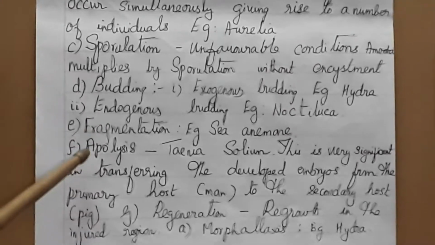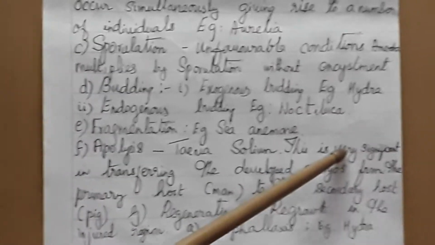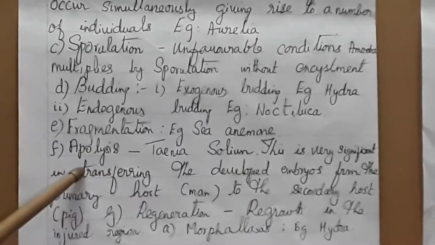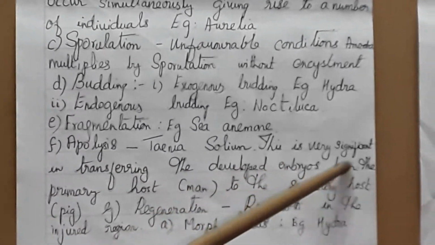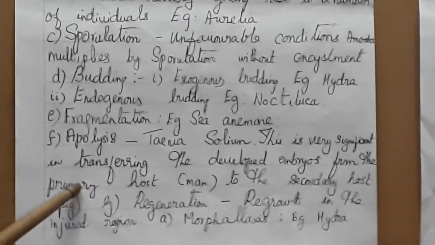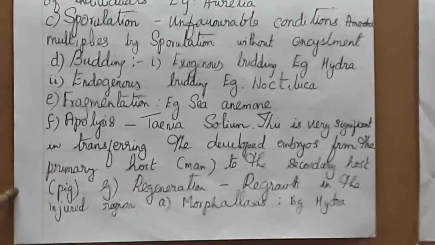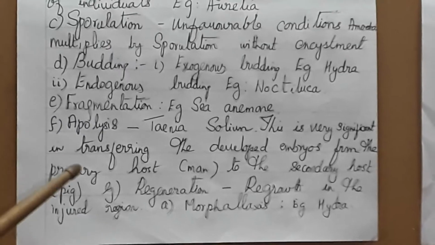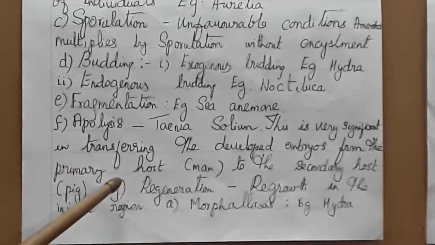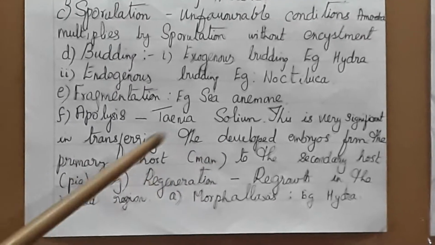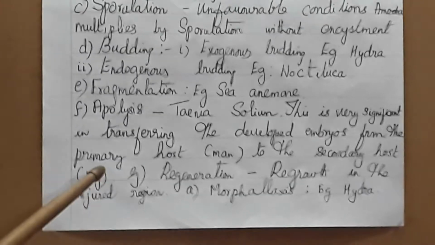This type of reproduction is very significant in transferring the developed embryos from the primary host, man, to the secondary host, pig. Taenia solium has two types of host: the primary host is man, and the secondary host is pig.